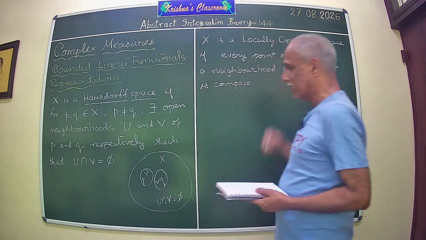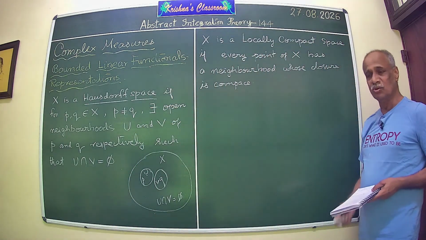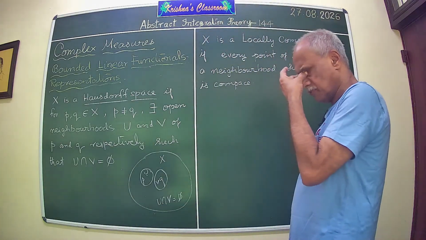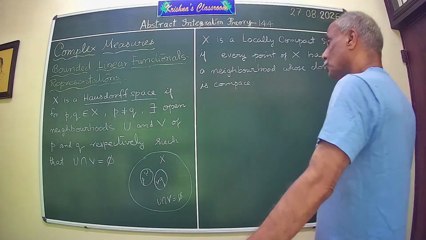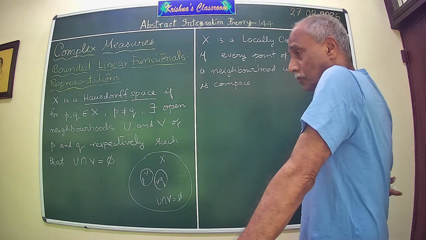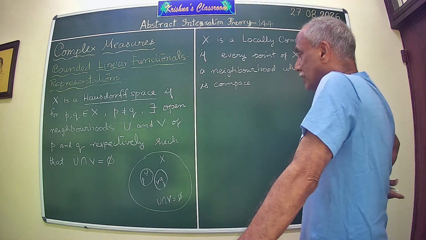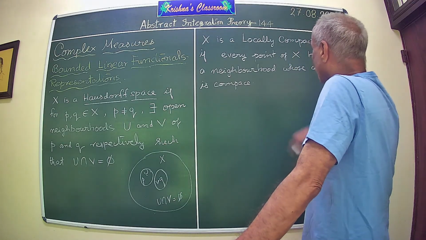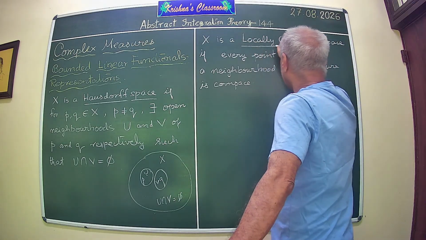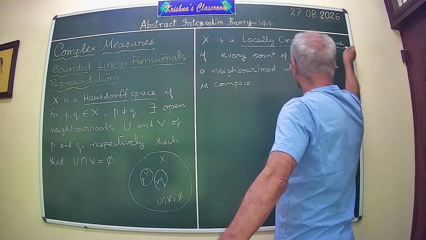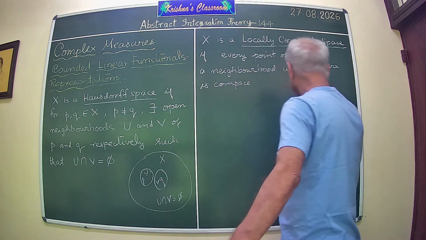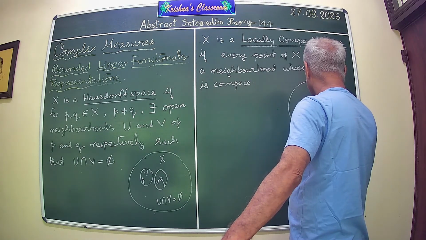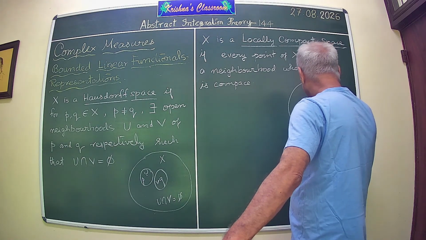Well, let me tell you exactly what we are trying to do: to go for generalizations of the real line, the usual metric. So we are generalizing the whole concept. We are now talking about what are called locally compact Hausdorff spaces, which means if you have a point P, an open neighborhood whose closure is compact.